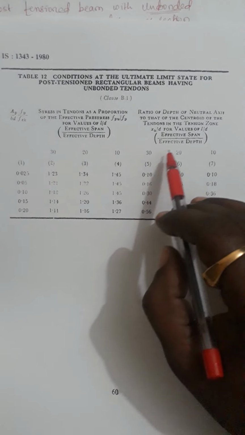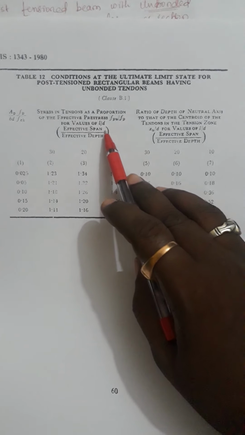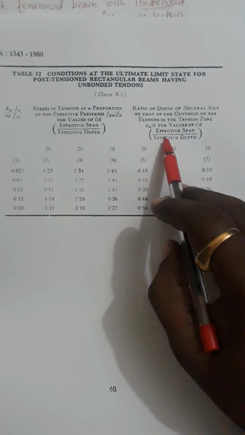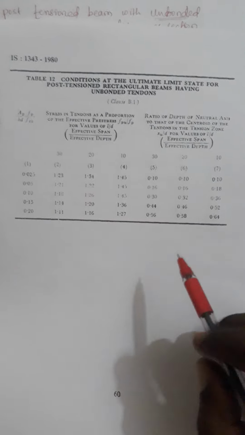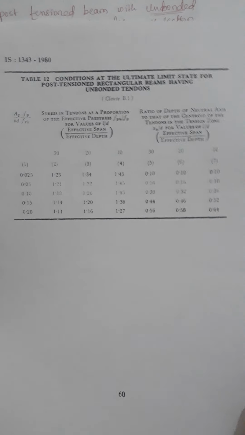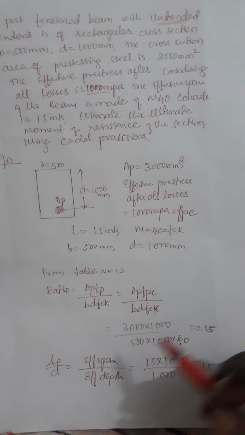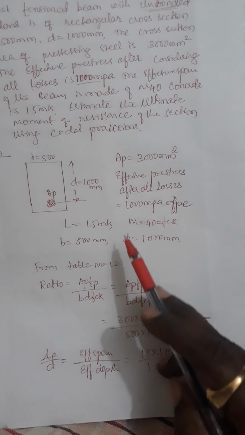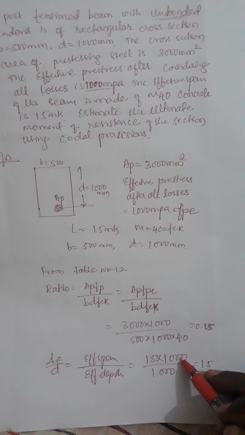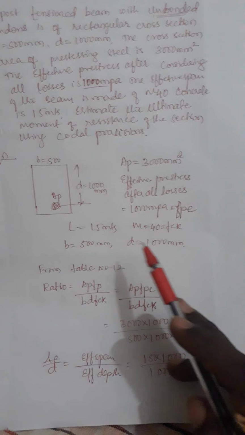The effective span is given as 15 meters, into 1000 to convert to mm, and the effective depth is 1000.